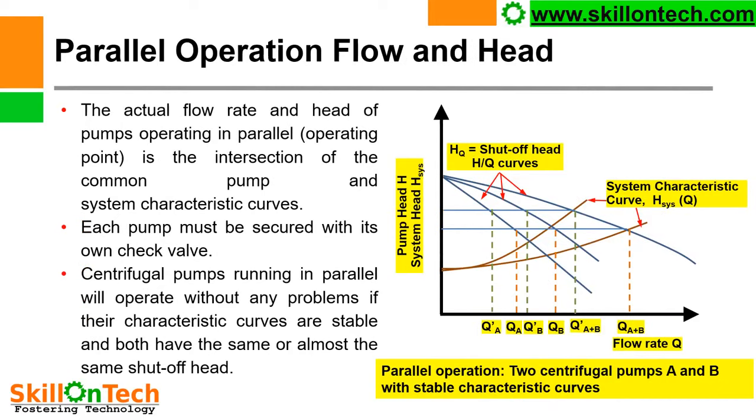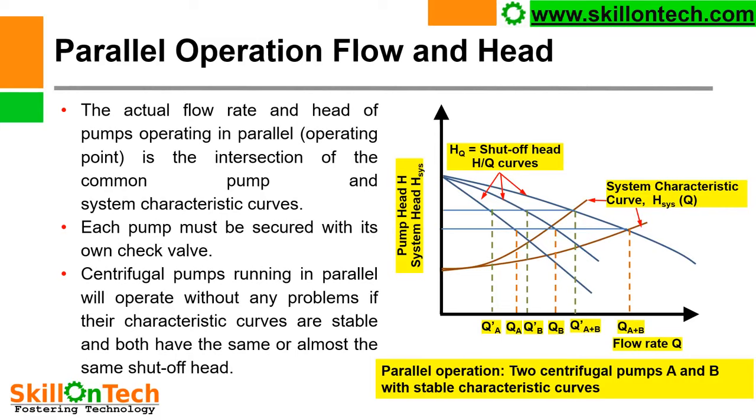Parallel operation, flow and head. You can see a picture where two centrifugal pumps are operated in parallel. The pumps are A and B, and both have stable characteristics curves. In this case both pumps are identical, meaning both have the same shut-off head.